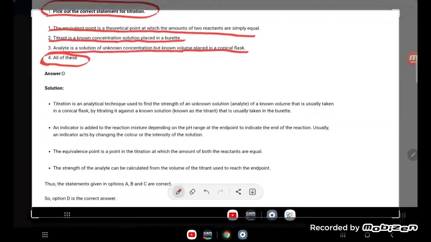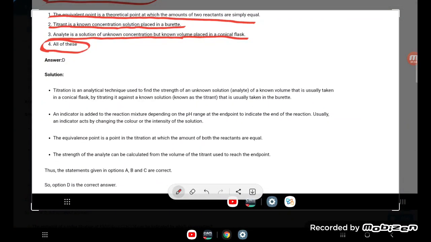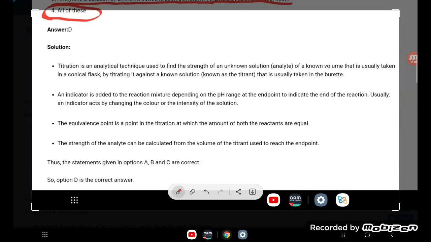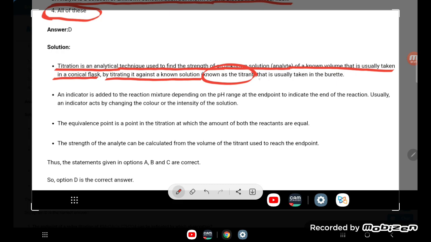Now students, how can you understand all these points? Let us try to see these points. Titration is the analytical technique used to find the strength of an unknown solution in light of a known volume that is usually taken in a conical flask, by titrating it against a known solution known as the titrant that is usually taken in a burette.